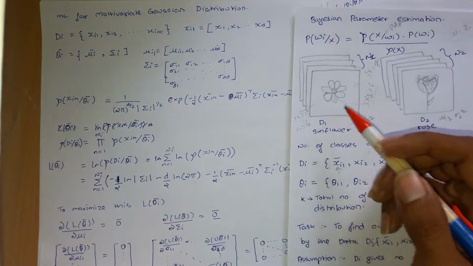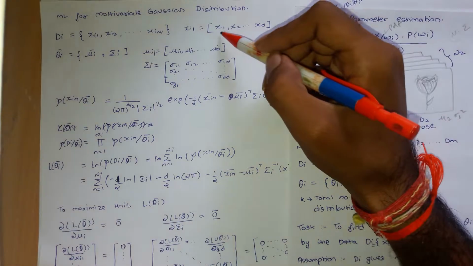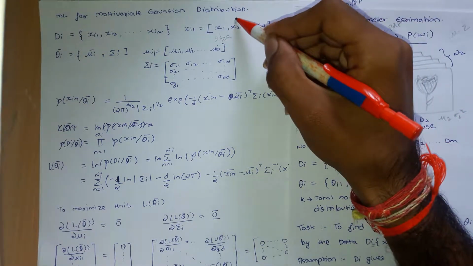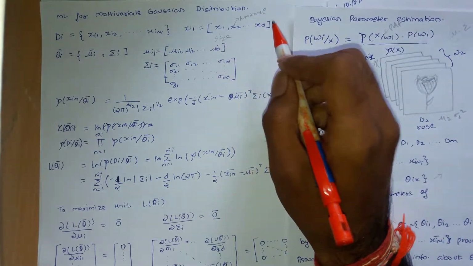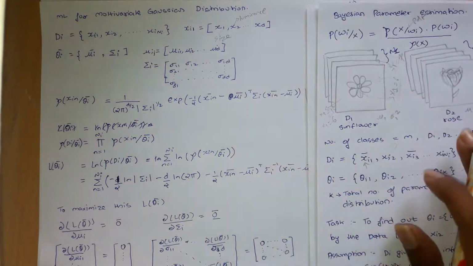In this case x1 is the size and x2 is the luminance. In this way you can have d features.